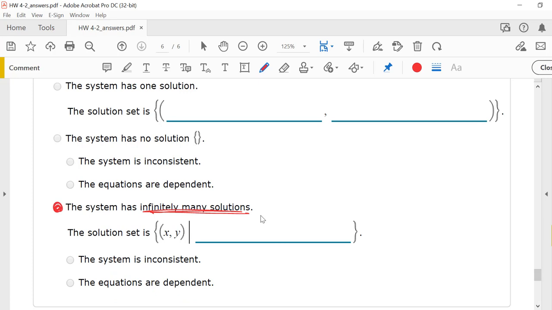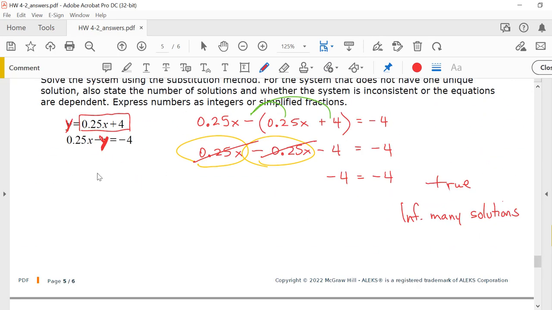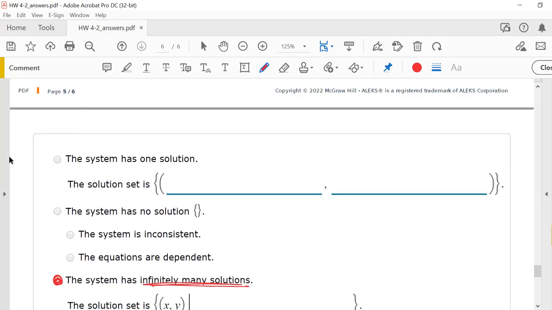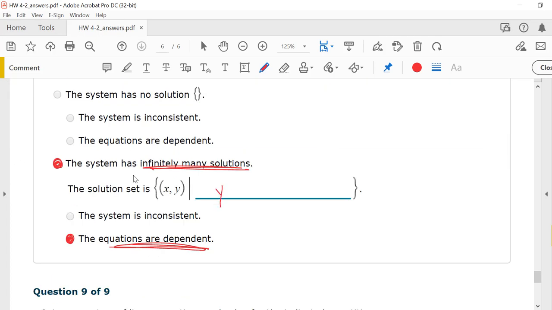The equations are dependent. And let's go write one of the equations in this blank. Let's see. Y equals 0.25x plus 4. Again, I'm not real sure what they want in this blank because I'm not actually in Connect Math, but you should be able to put either equation there.